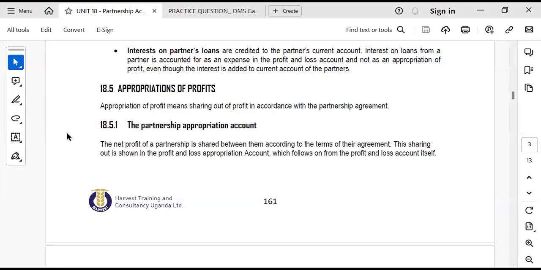Since all of us brought in 100,000, we each brought in an equal amount of money. So we will all share our profit equally. That means we will get our 1.2 profit and divide by the total number of people that we are. Which means that each partner is going to walk away.